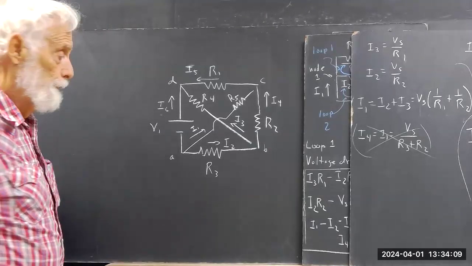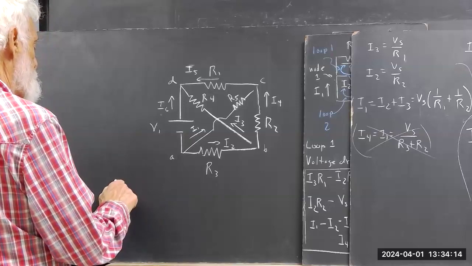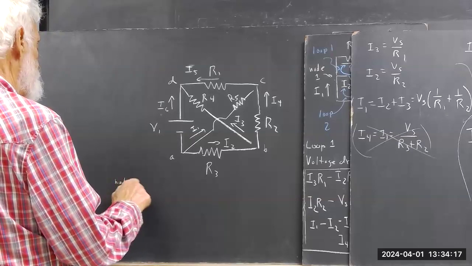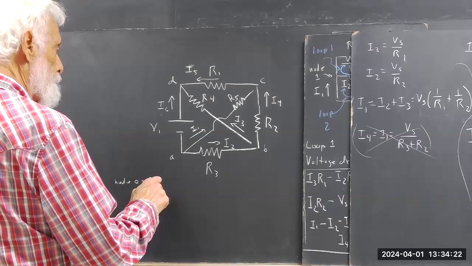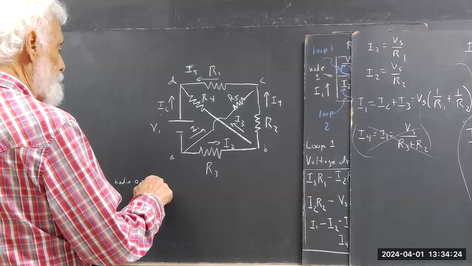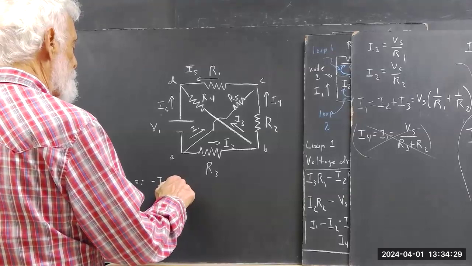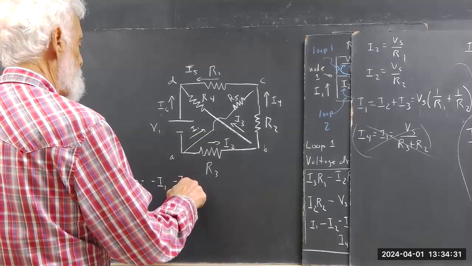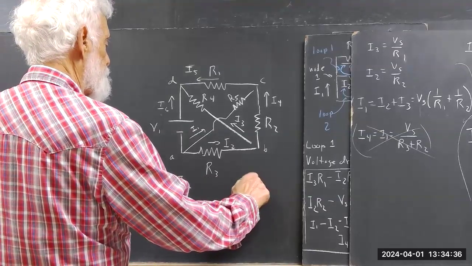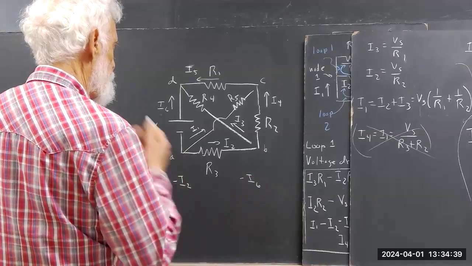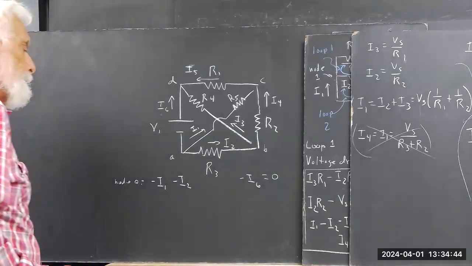I'm going to pick on the nodes. And my nodes tell me that node A has negative I1 minus I2 minus I6 equals 0.